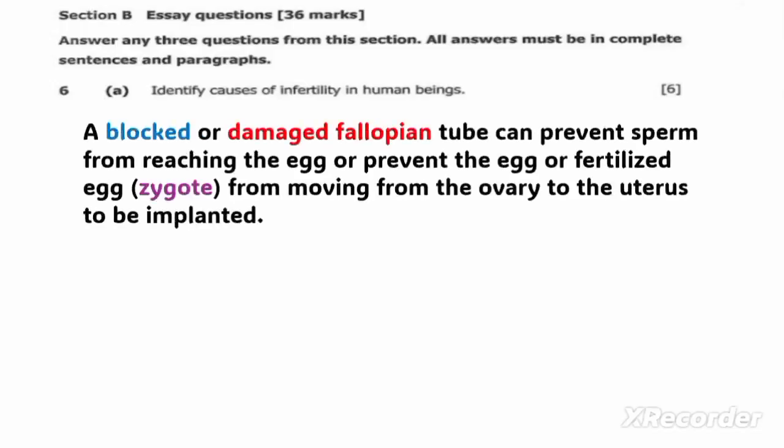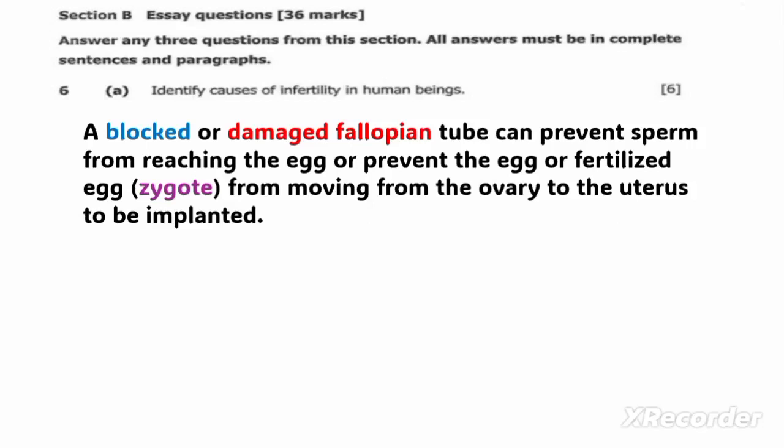Therefore, we are going to say a blocked or damaged fallopian tube can prevent sperm from reaching the egg, or prevent the egg or fertilized egg, the zygote, from moving from the ovary to the uterus to be implanted.